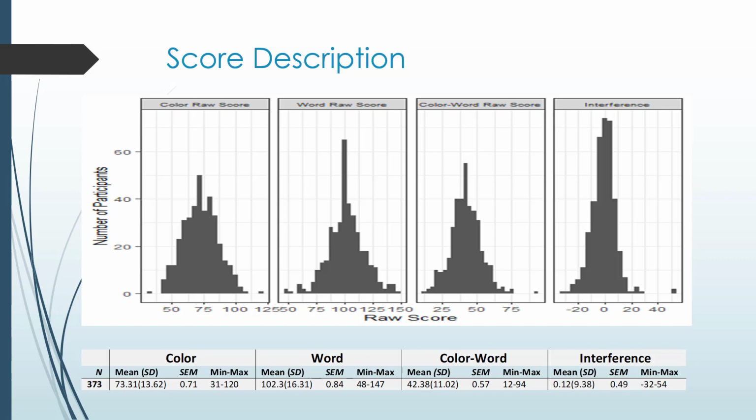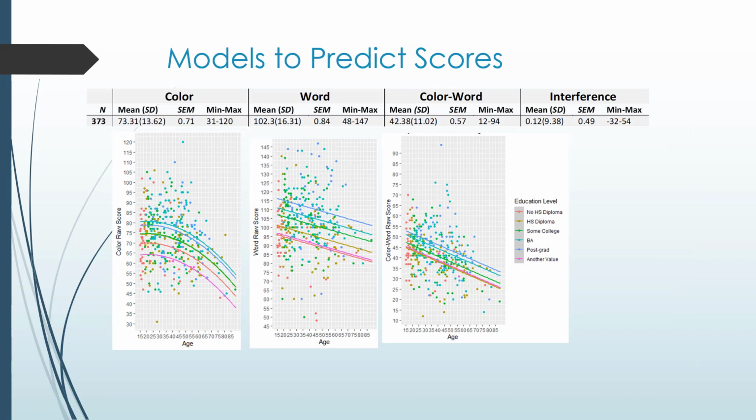Interference was roughly centered around 0 because, again, that's a subtraction of what's predicted for a person to have for color word subtracted from what they actually did score for color word. So we'd expect that those residuals would be approximately 0, which they approximately are.